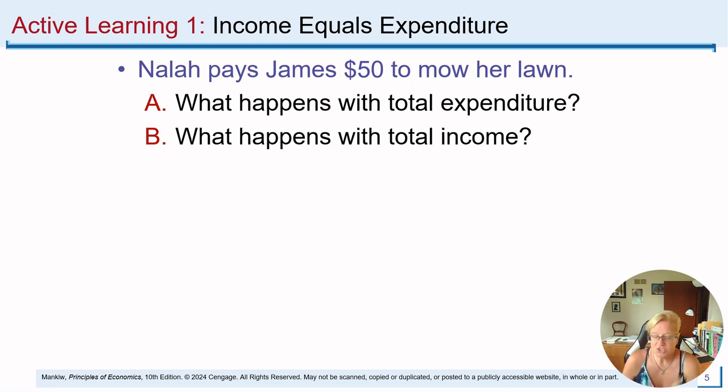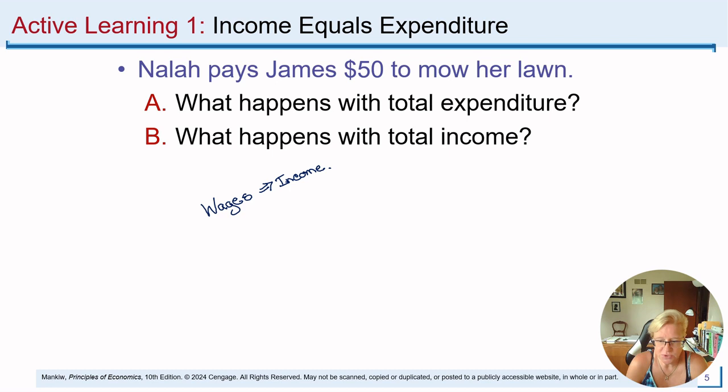Here, if Nala pays James, we would say, well, what is that? That's wages. So we're dealing with wages, which is actually an income approach way to measure things. And what do we pay wages for?